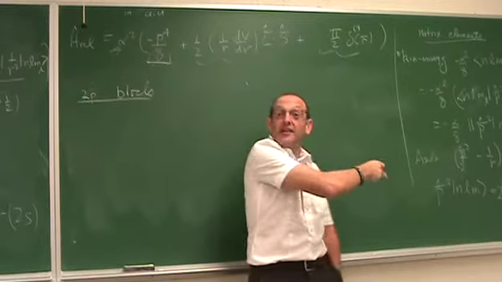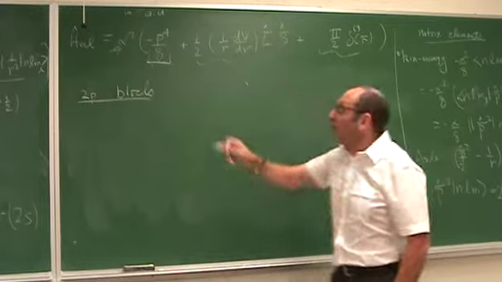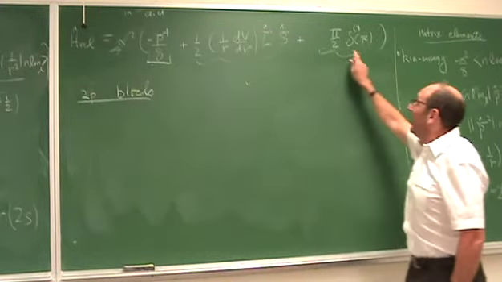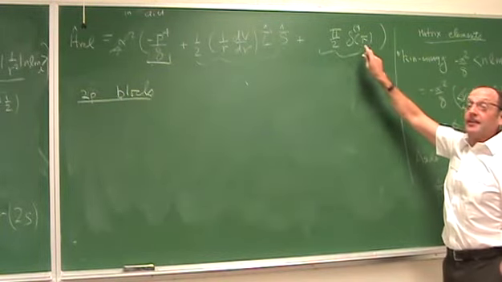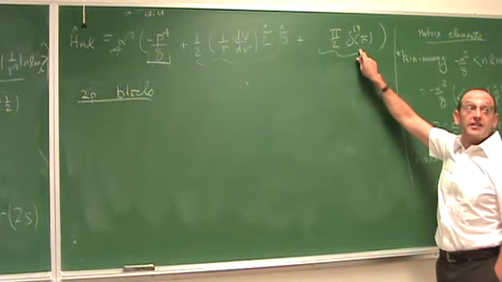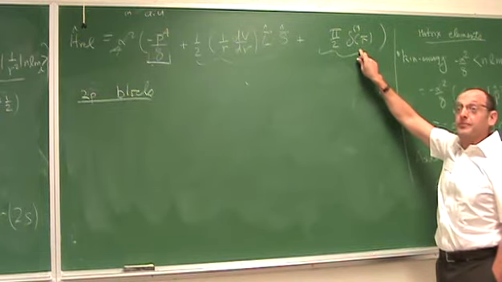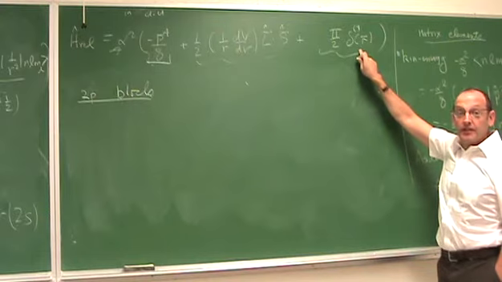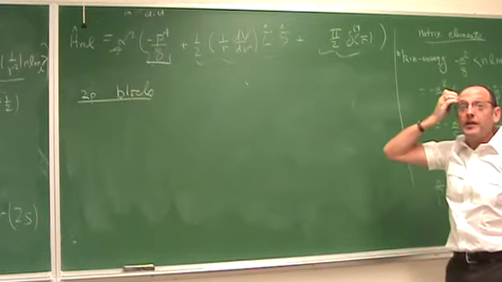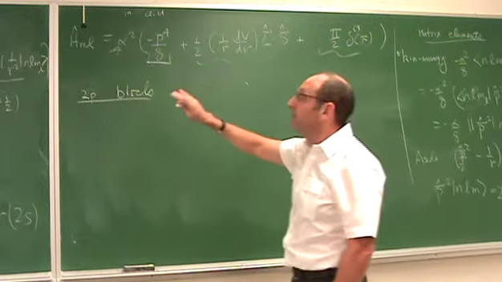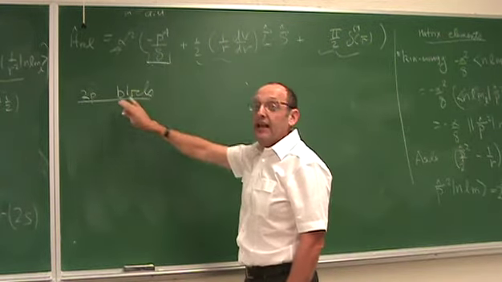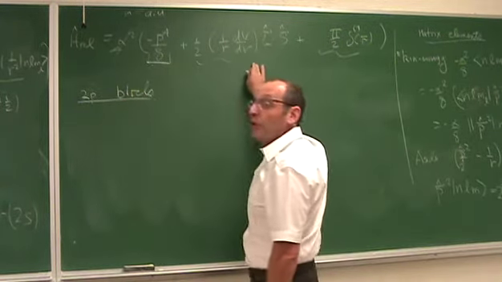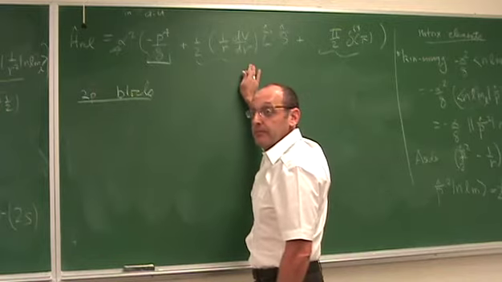That's what we just discussed over here. Moreover, there's no Darwin correction to the 2p state because the p orbitals have 0 probability to be at the origin. So the only possible off-diagonal elements between 2p and 2s will be through spin orbit. We'll come back to that in a moment.